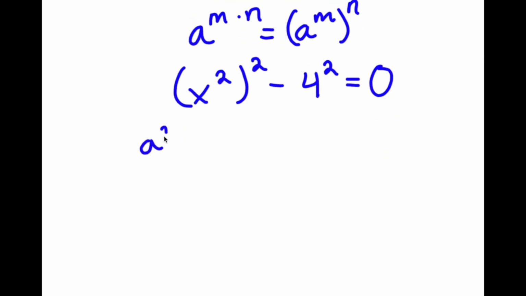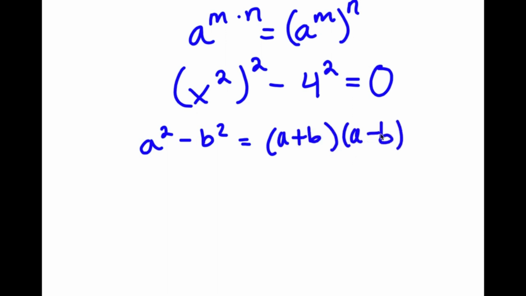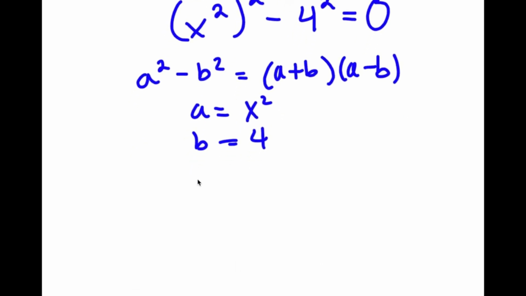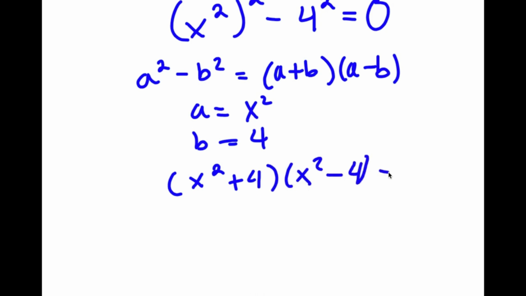Now if I have something in the form a squared minus b squared, this is equal to a plus b times a minus b. So in this case, a is x squared and b is 4. So now I have x squared plus 4 times x squared minus 4 is equal to 0.